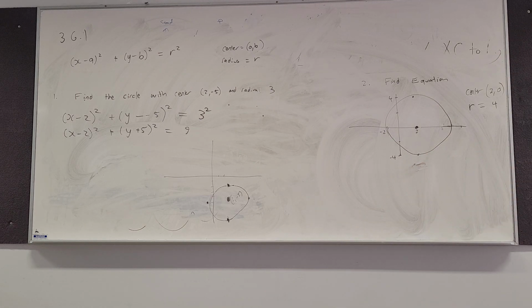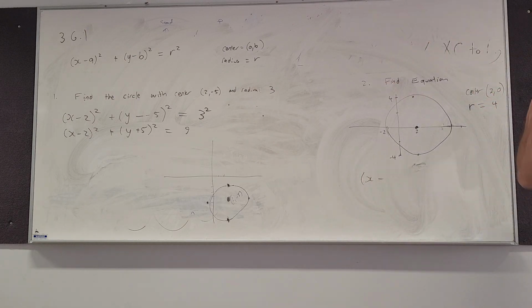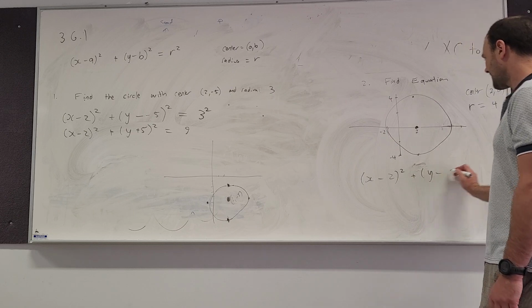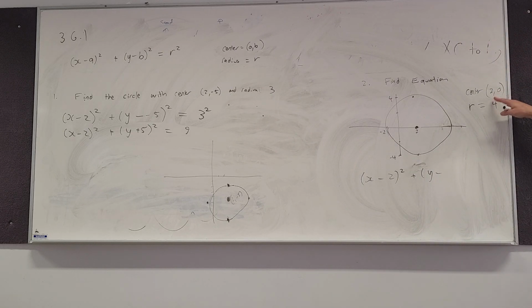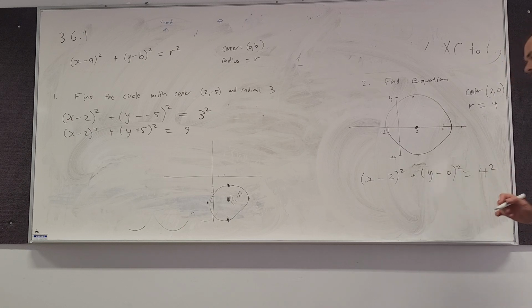So then let's make a statement about the equation. All right, remember, it is x take the x value of the center. What is the x value of the center? 2. (x − 2)² + (y − 0)² = the radius squared.